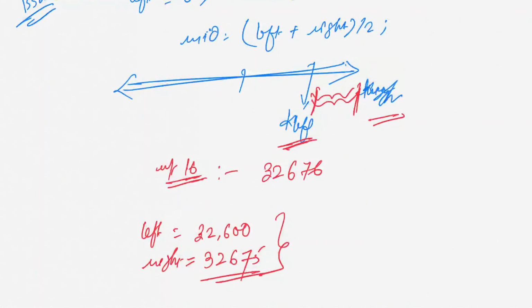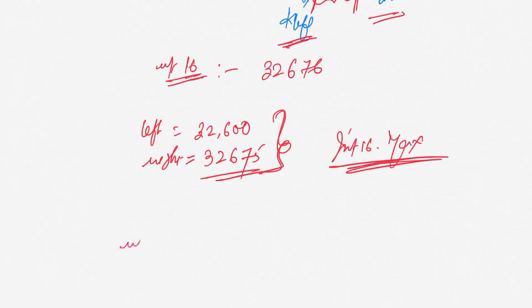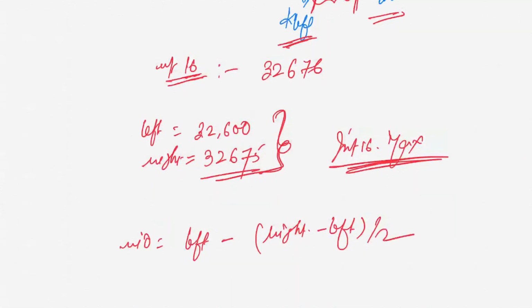When you try to add these values, it is larger than the integer 16 max value, and this can cause an arithmetic overflow exception. To avoid this exception while calculating the mid, we need to change the code to left plus right minus left divided by 2, and this is what we can write.